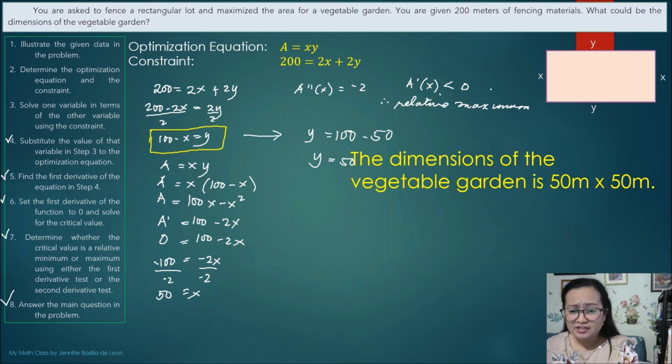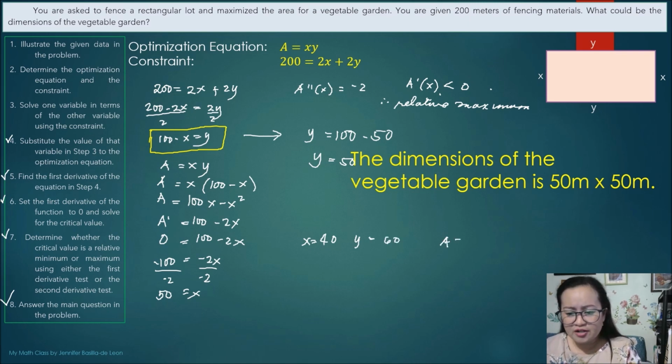To check on that, we can take a pair of numbers which, when added, give you 100. Like 50 plus 50, that's 100. So 50 times 50 is 2,500. Now if you get another pair, let's say x equals 40, then y will be 60.